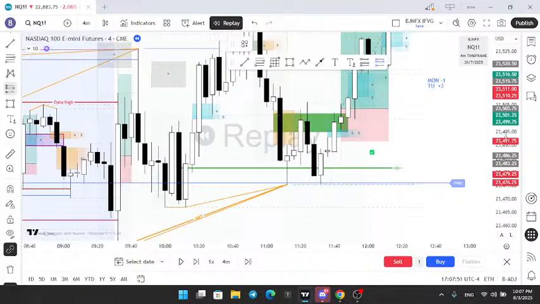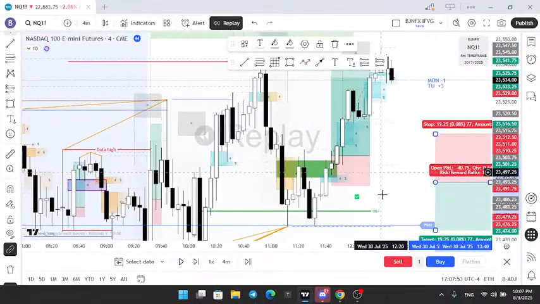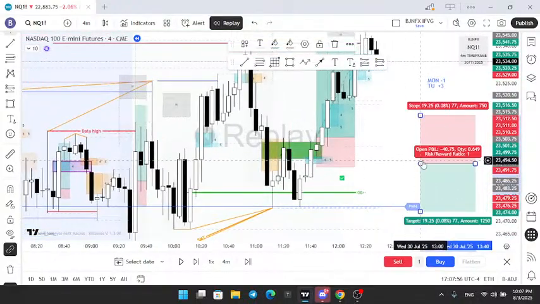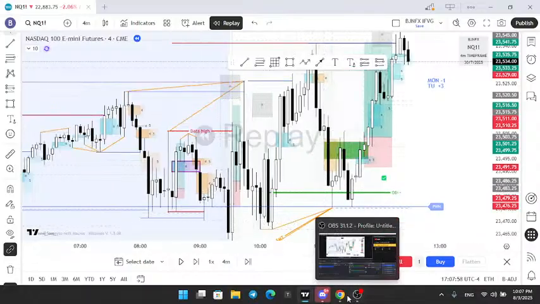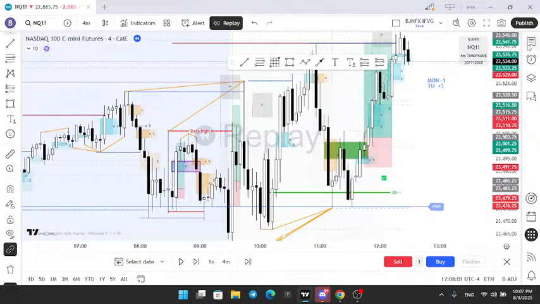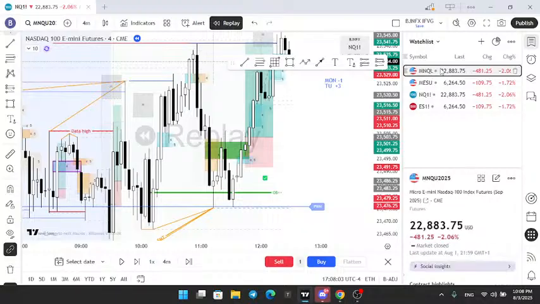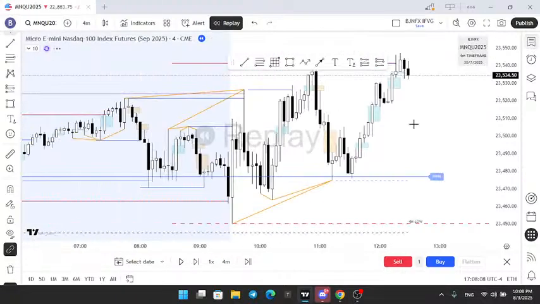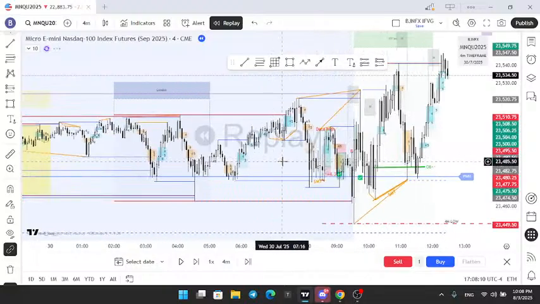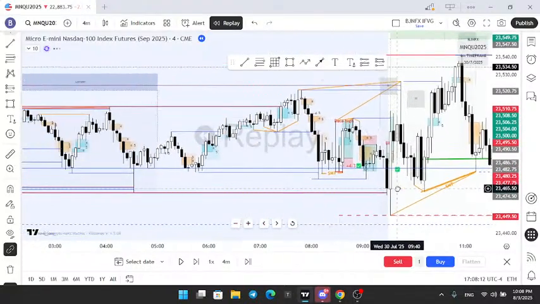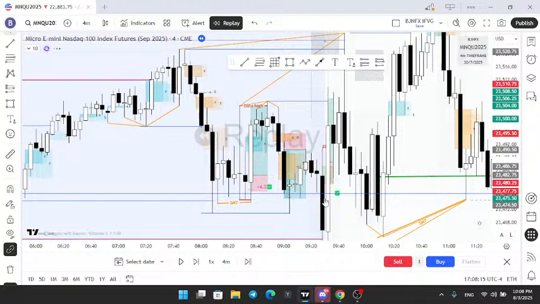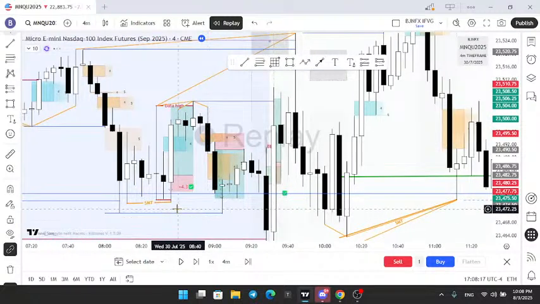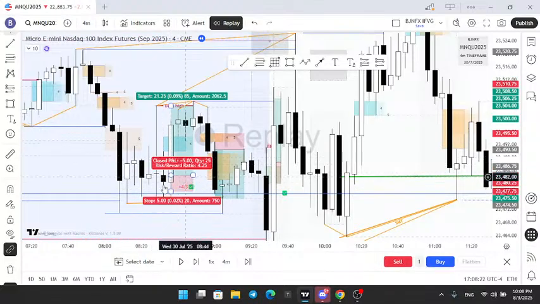And yeah, here are the valid setups. On Wednesday, we had, as I said, this new setup here.